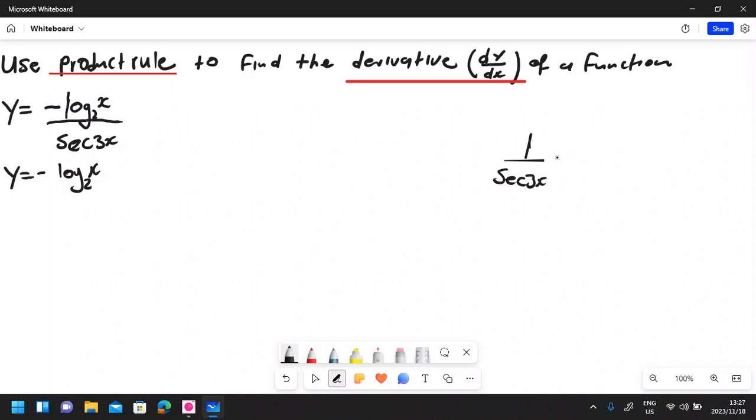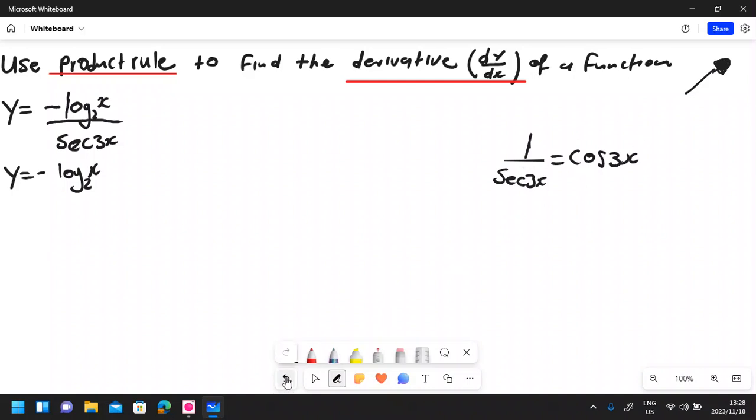If you know, or if you don't know, guys, I made videos about inverses. This is an inverse of cos, so we can rewrite it as cos 3x. If you don't understand how I managed to do this, go and watch those videos.